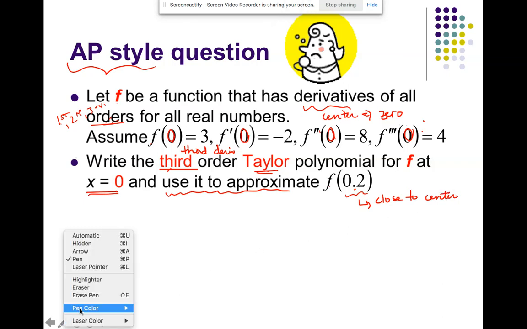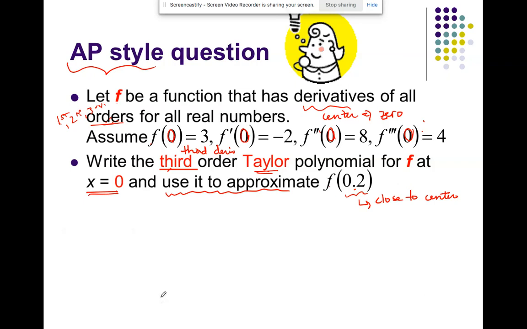So they're basically testing to see if you know the factorials, right?